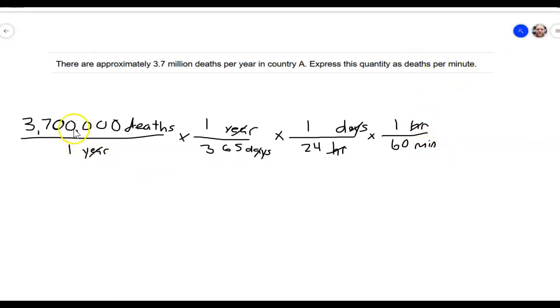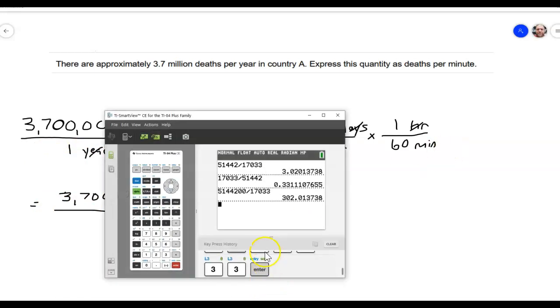So the deaths per minute is going to be, I just multiply across here, so it's going to be 3.7 million times 1 times 1 times 1, which is just going to be 3.7 million, or 3,700,000, divided by, and I just multiply across by the bottom, 365 times 24 times 60.